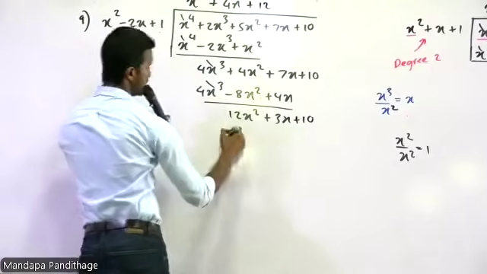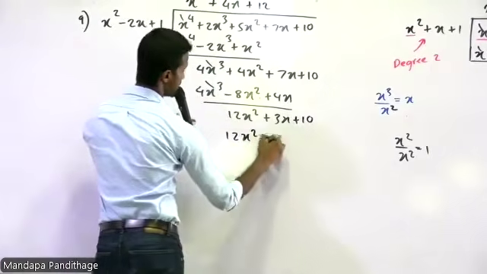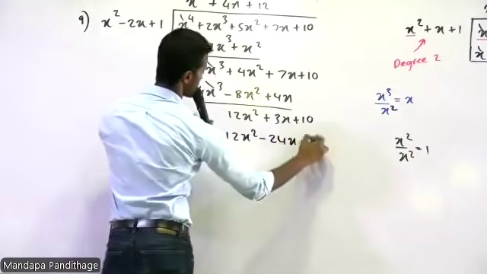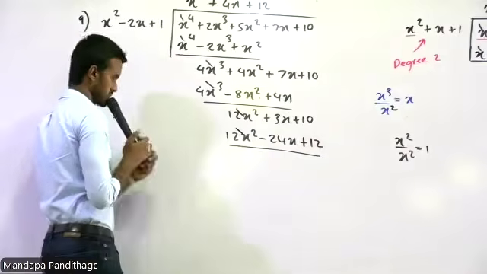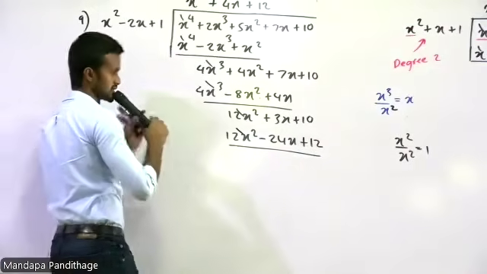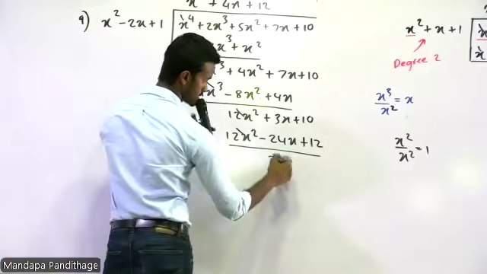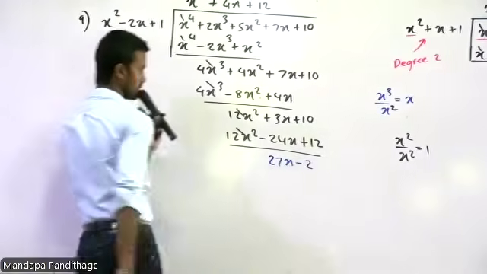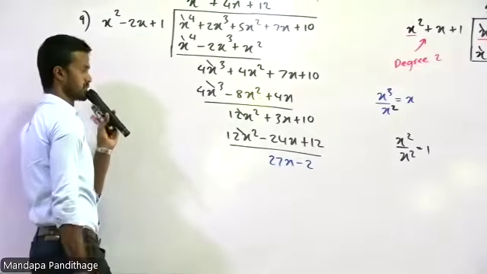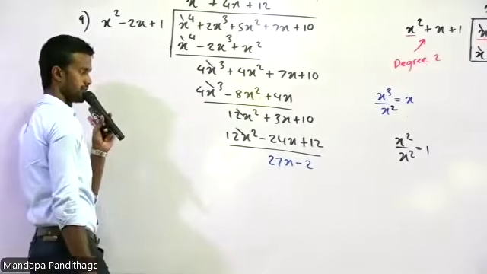Now multiply. It's 12x squared minus 24x plus 12. 3 minus minus 24 is plus, 3 plus 24 is 27. So here it's 27x. 10 minus 12 is minus 2. So in question number 9, you're supposed to get a remainder of 27x minus 2.